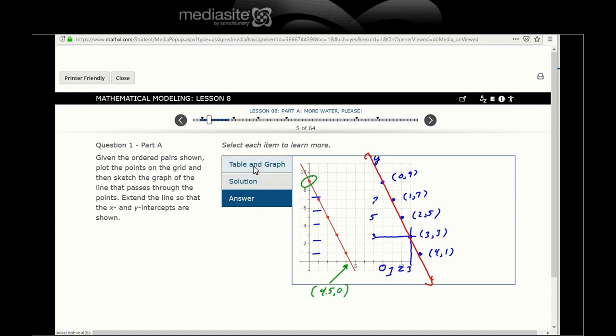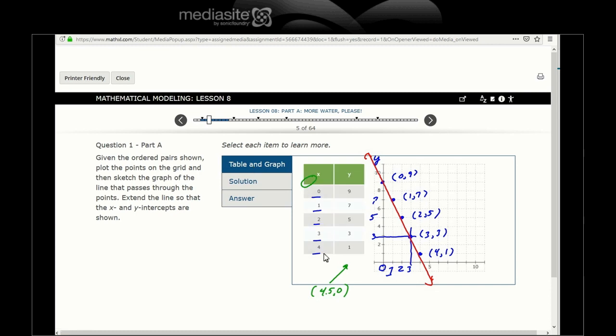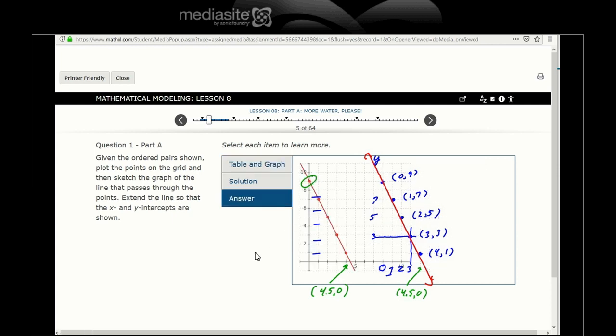That's what ours looks like. Okay, 9, 0, and it doesn't show 4.5, but my line's a little off, a little low. So I go with about 4.5, 0 also. So we did a good job in doing this.